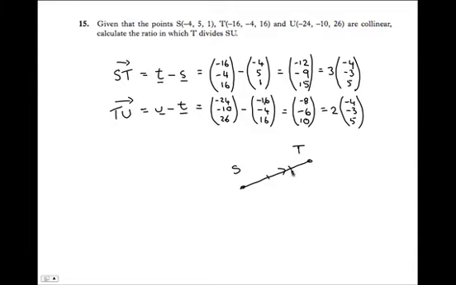So we can divide this up into 3 pieces. 3 lots of this basic journey. Then travelling from T to U, we continue, and it's twice the same basic journey. So this journey can be divided up into 3 bits. This journey can be divided up into 2 bits.